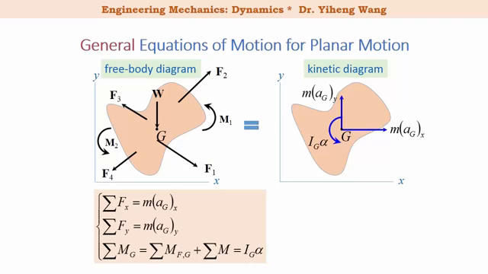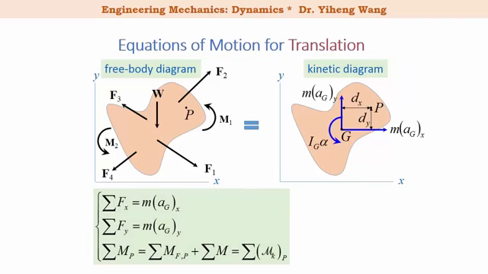This way, the two inertia force terms m a_Gx and m a_Gy both pass through point G, therefore they do not create any moment about point G. Therefore, the resultant moment about point G simply equals the term I_G alpha.